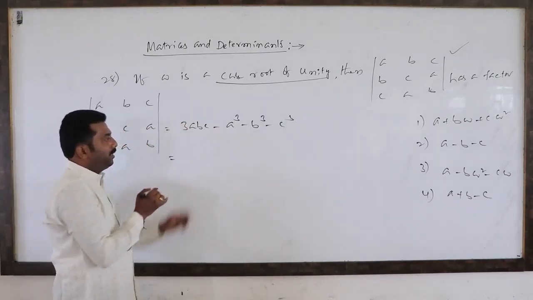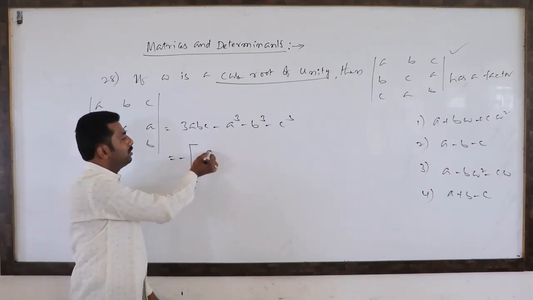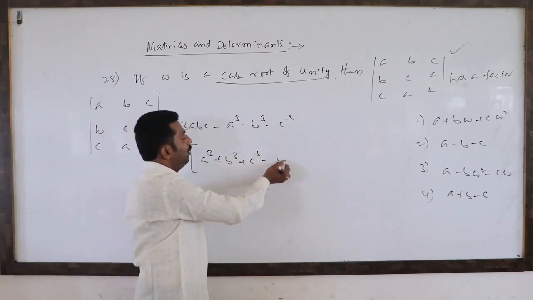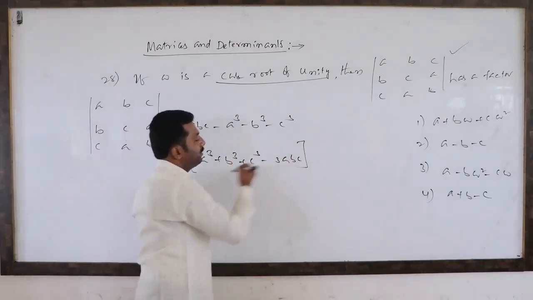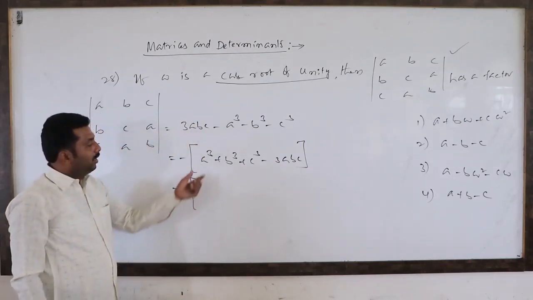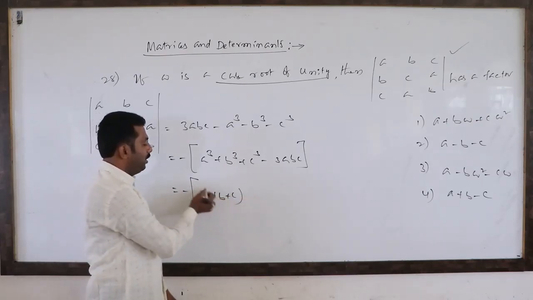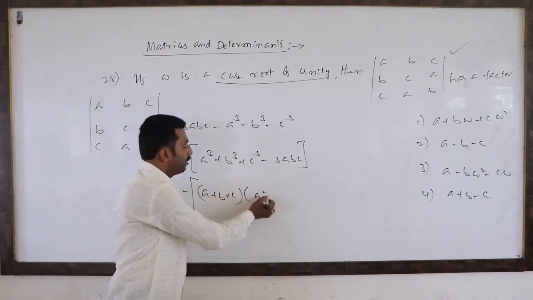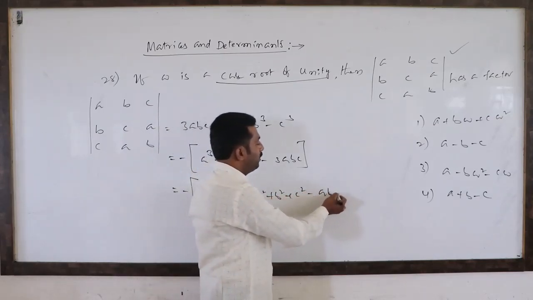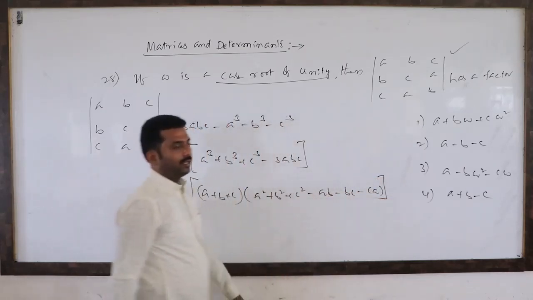Also we can write, if you take minus common, this is A cube plus B cube plus C cube minus 3ABC. Also this can be written, if you want to simplify, as A plus B plus C into A square plus B square plus C square minus AB minus BC minus CA.